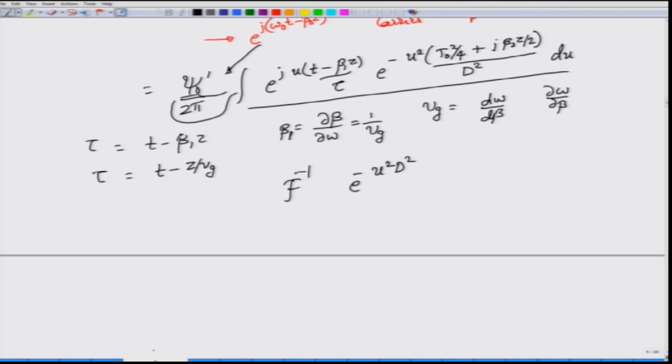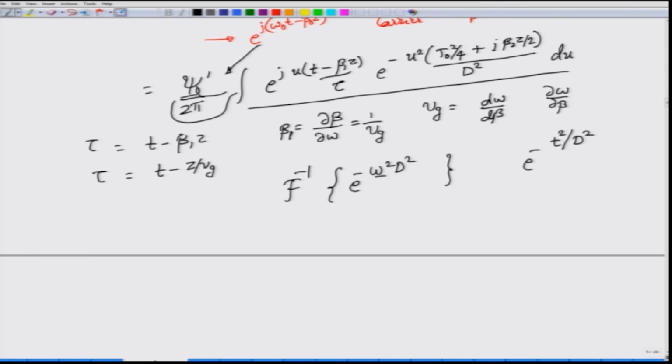If you are not comfortable having u around, since u is a dummy variable, you can write this as e power minus omega square d square, and I know that this is a Gaussian pulse shape, and the inverse Fourier transform should be a time dependent term like e power minus t square divided by d square, give or take some constants.